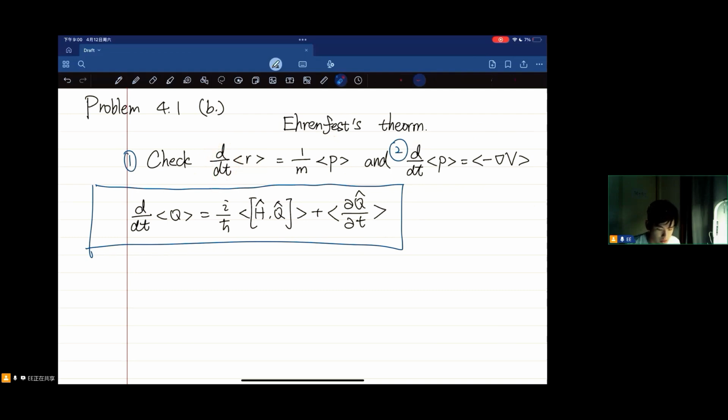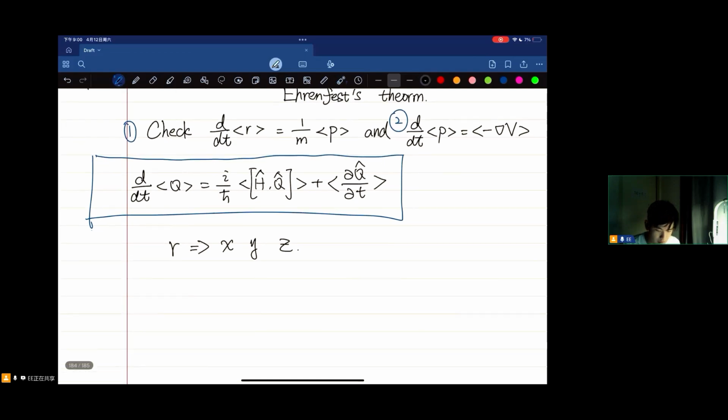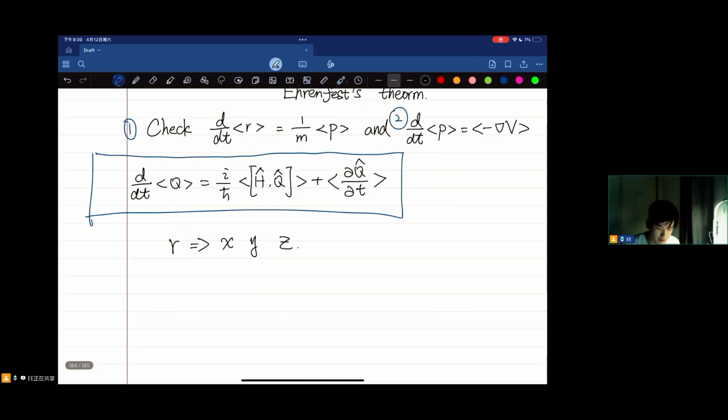So what is r? Here r actually represents, well, it could be x, y, or z. So we have to choose one so that we can verify it.